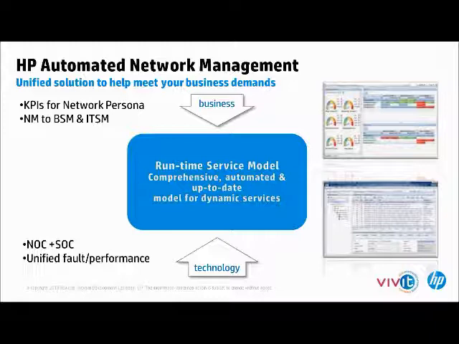So with the proliferation today of virtualization and cloud, and the need for IT to really have a quality view and near real-time status of their environment, A&M provides a detailed real-time network status view that in turn gets integrated into something that we call the runtime service model.